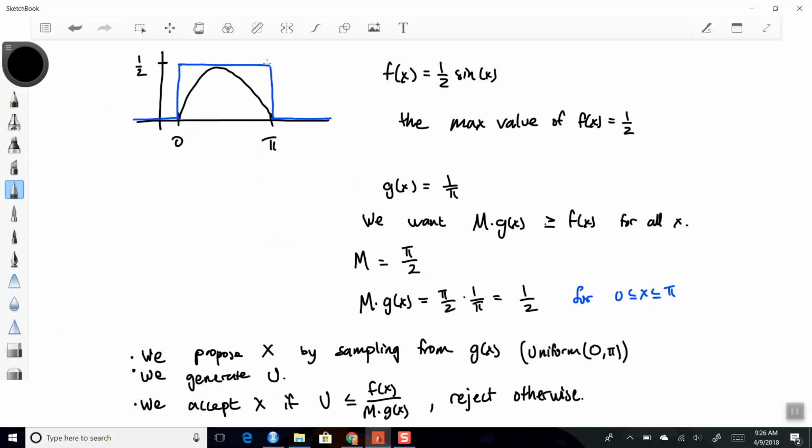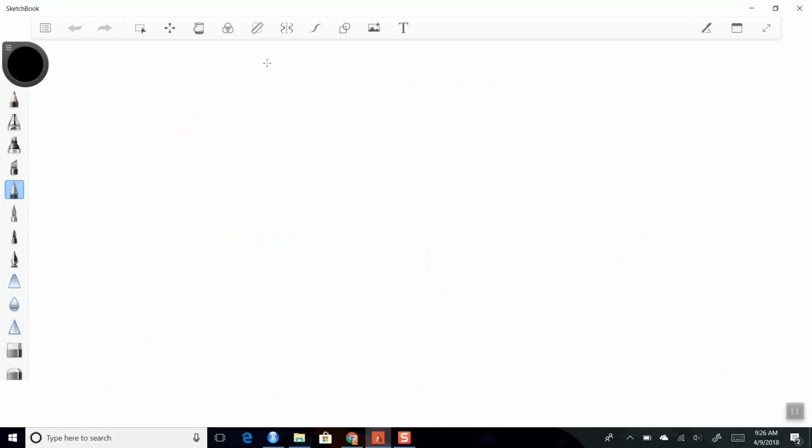So let's talk about the general case, which is going to be rejection sampling. Or before I go on to the general case for rejection sampling, are there any questions on the uniform case using the uniform proposal?